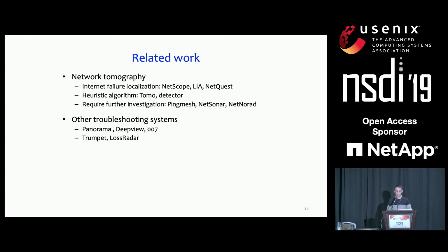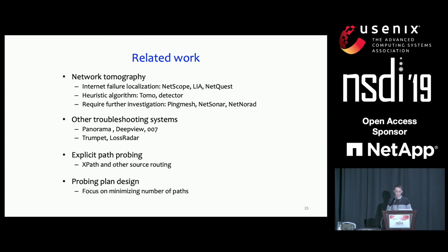Other systems like Trumpet provide many more functionalities than just localizing failures, but it requires modifying the hypervisor. NetBouncer uses IP in IP for path probing. Other source routing protocols might also be plausible. And previous probing plan design mostly focused on minimizing the number of paths to be probed, which is not NetBouncer's goal.